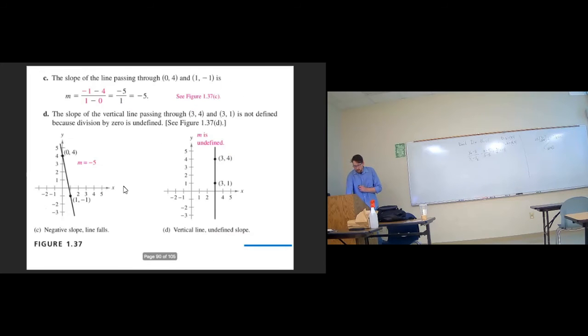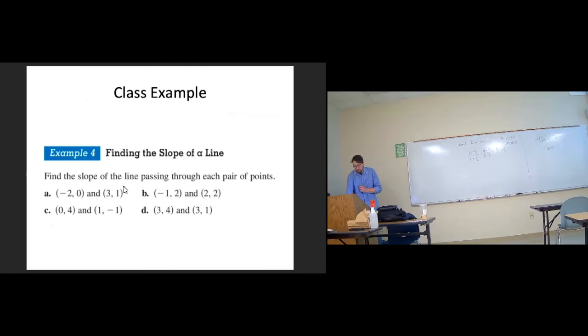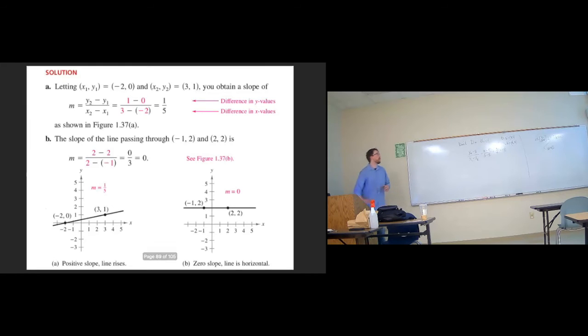So we've already seen a couple similar ideas to this. If we wanted to find the slope of the line that goes through two of these points, or any collection of these points, we would just identify what our x1, y1 is, x2, y2, find the slope from there, right?